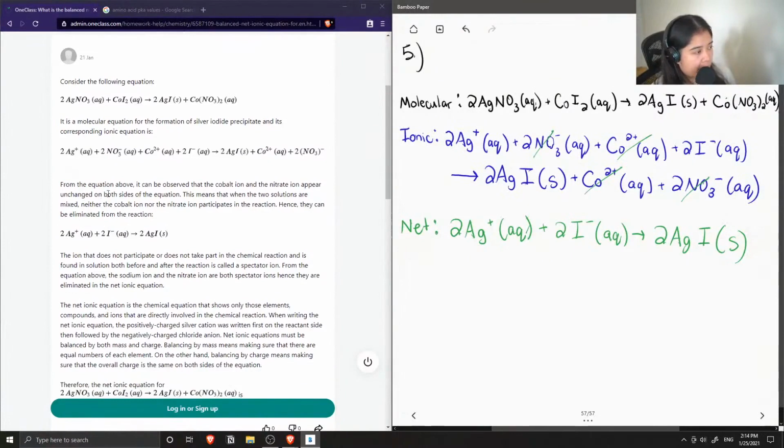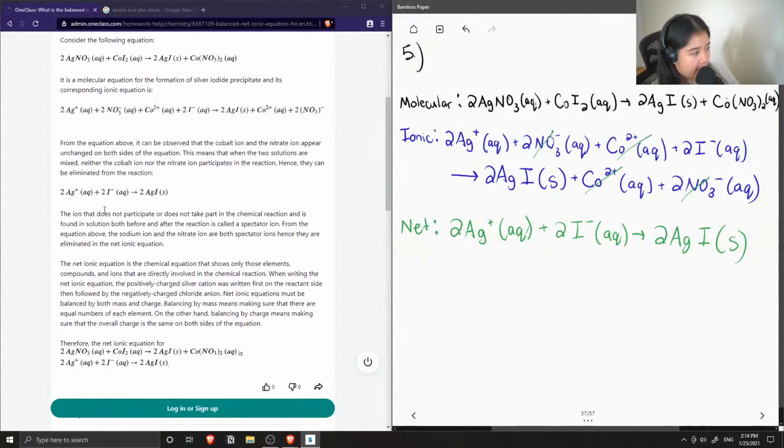And then from the equation above, it can be observed that the cobalt ion and the nitrate ion appear unchanged on both sides of the equation. This means that when the two solutions are mixed, neither the cobalt ion nor the nitrate ion precipitates in the reaction, hence they can be eliminated. And then they have the net ionic equation as 2 silver plus 2 iodine minus makes 2 silver iodide.